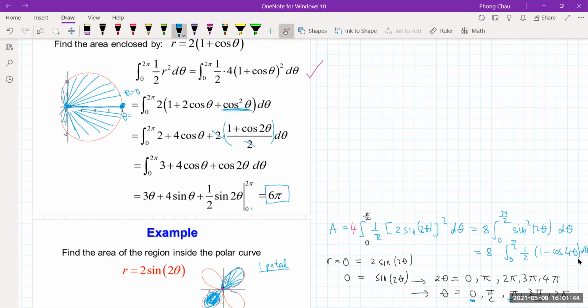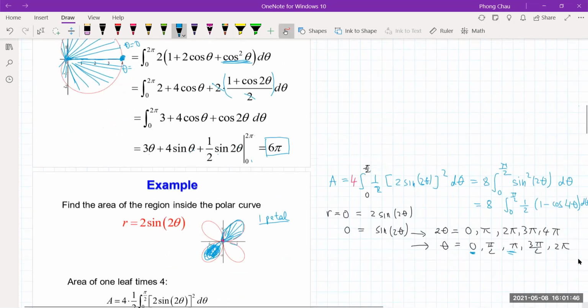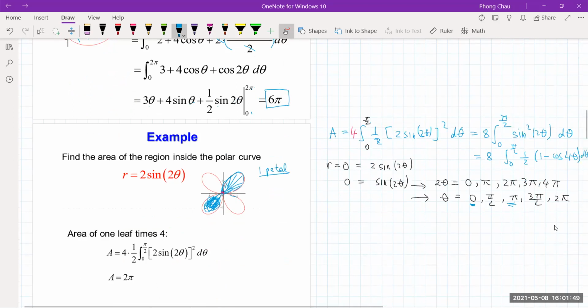Okay. So from here, I think we can integrate easily. If you combine 8 and a half, it will become just 4. I'm going to integrate directly. So the antiderivative of 1 will be theta. The antiderivative of cosine is sine, so we have sine of 4 theta there, and we do the reciprocal of 4, so it'll be 1/4, from 0 to pi half.